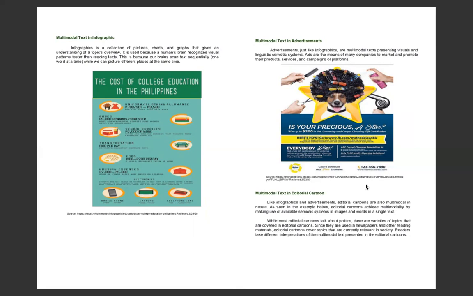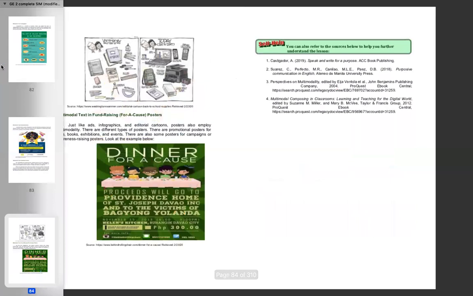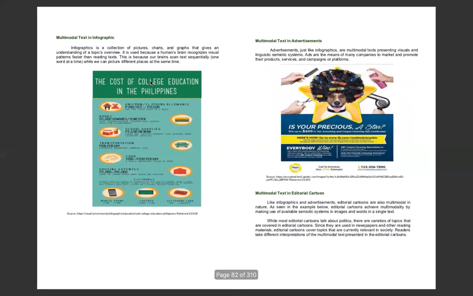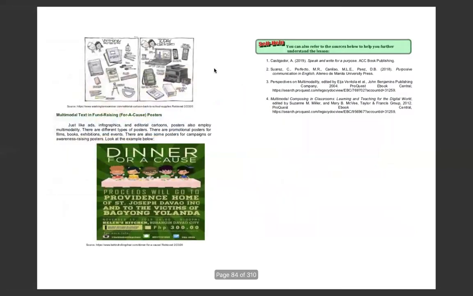As seen in this example, editorial cartoons achieve multimodality by making use of available semiotic systems in images and words in a single text. Most editorial cartoons talk about politics. These are commonly seen in newspapers and other reading materials. So this is also a multimodal text.